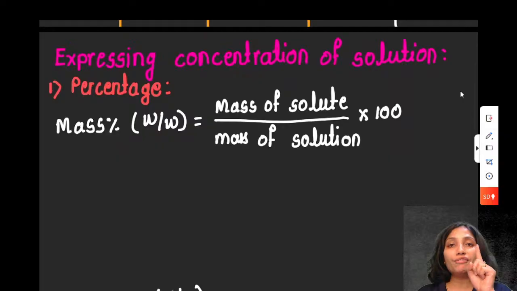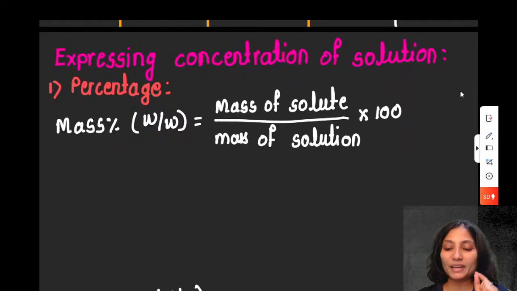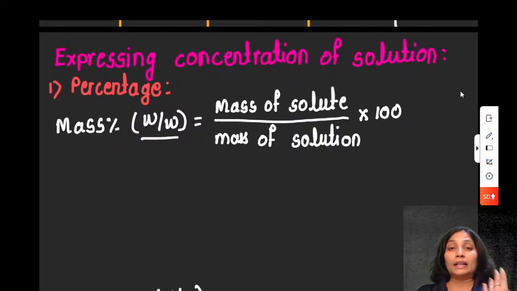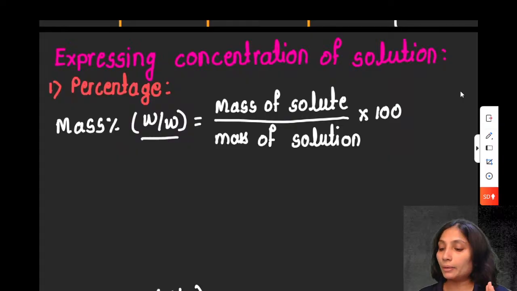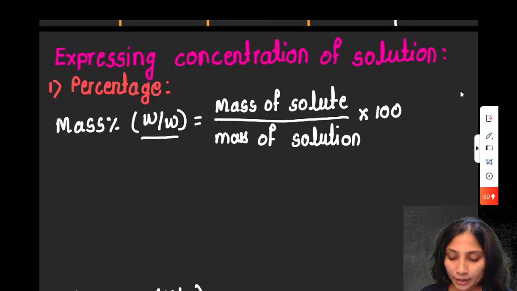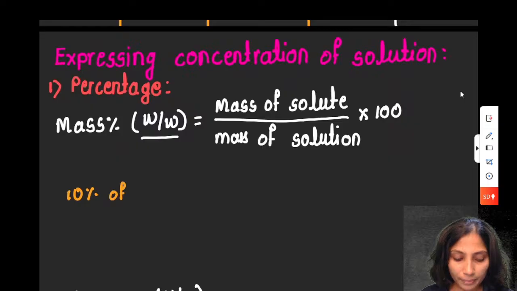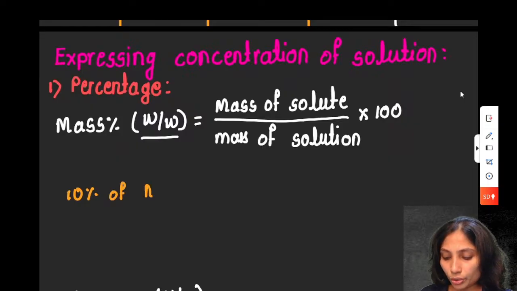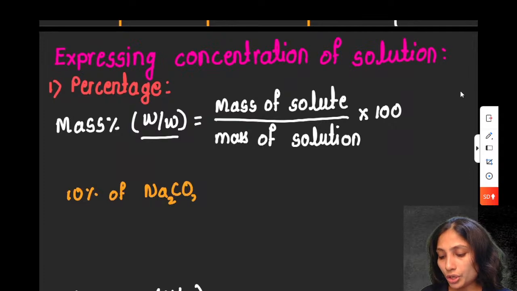It is represented by W by W, weight by weight percentage: mass of solute in the numerator, mass of solution in the denominator, multiplied with 100. In 12th standard, you will not be asked to calculate mass percentage. In the question, it comes like this, for example: 10% of sodium carbonate solution, Na2CO3 solution.